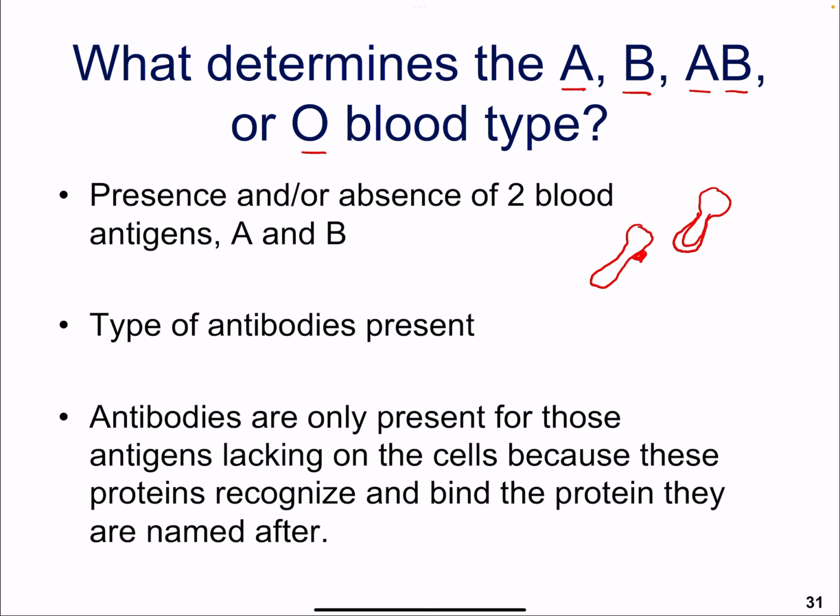There we go. This is much better. They're going to have on their surface a different kind of surface marker that we are going to call B, right? So here we have A, here we have B.